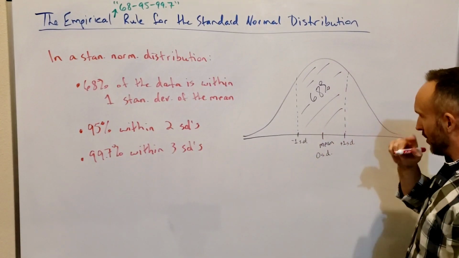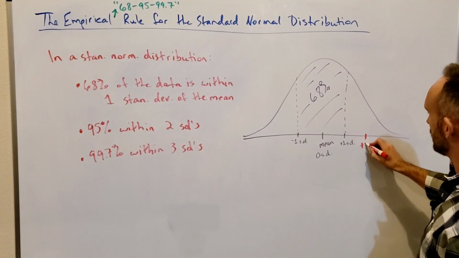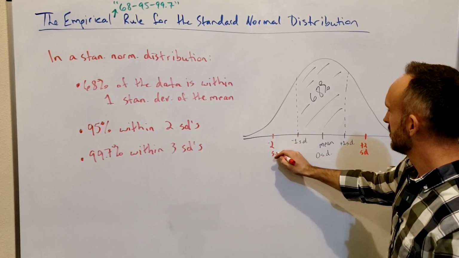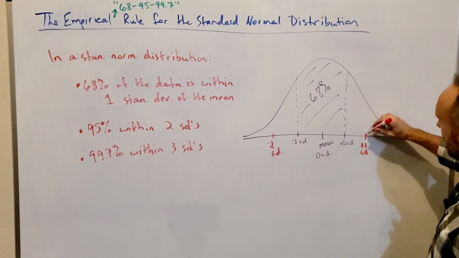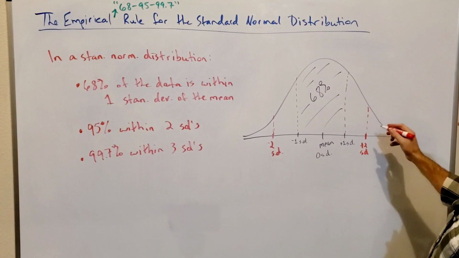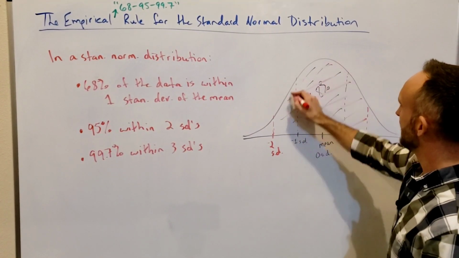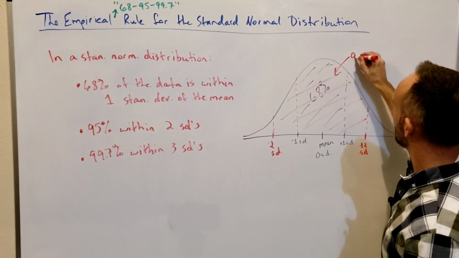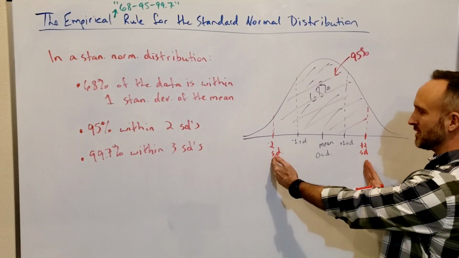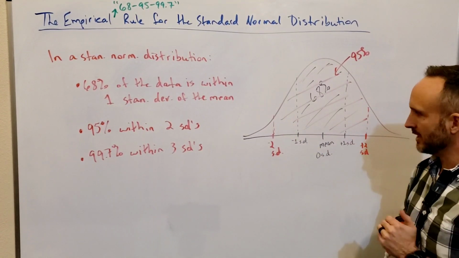If I went out to positive 2 standard deviations and negative 2 standard deviations, then all of this, including the 68%, together makes up 95% of the data. So when you get out to 2 standard deviations on either side, you're covering almost all of the data.